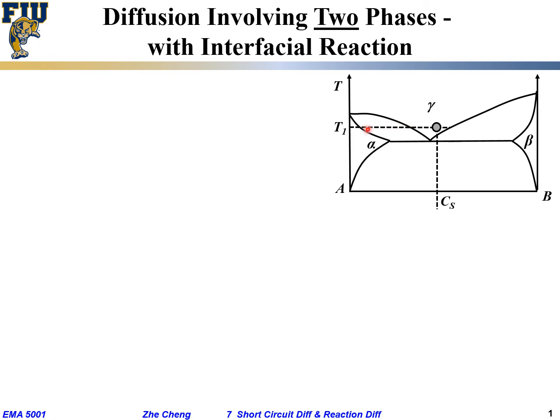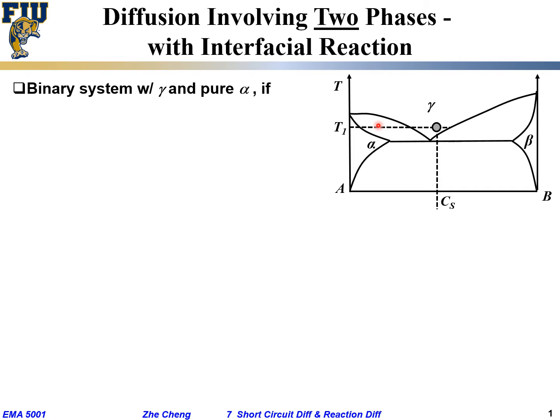The composition for the alpha phase will be determined by the crossing point here. The composition for the gamma phase would be determined by this line, right? Under what condition? Equilibrium condition.